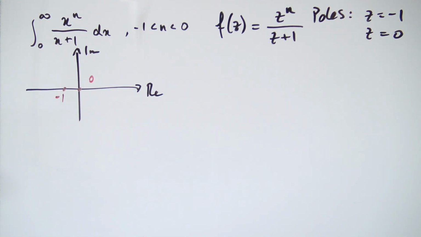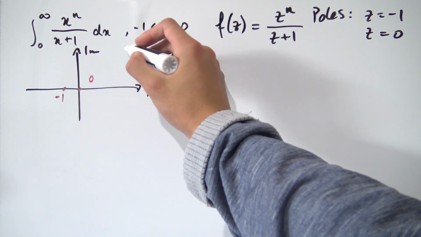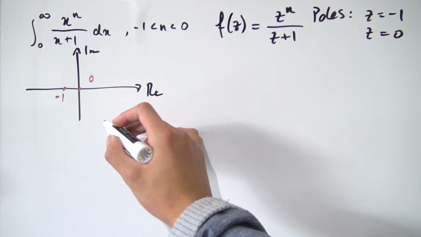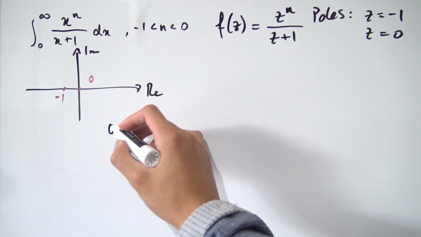So in order to avoid that, we need to shift our branch cut a little bit. And also later we're going to be using a natural log, and we need to define for ourselves a domain for our argument in order for our natural log to be defined. So we want to define our argument of z, I guess I'll just put it right here, to be between, what was it, 0 and 2 pi.